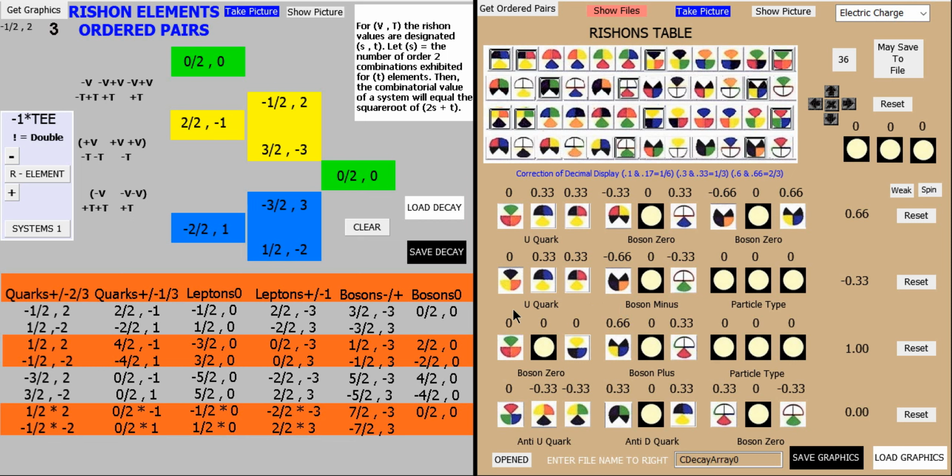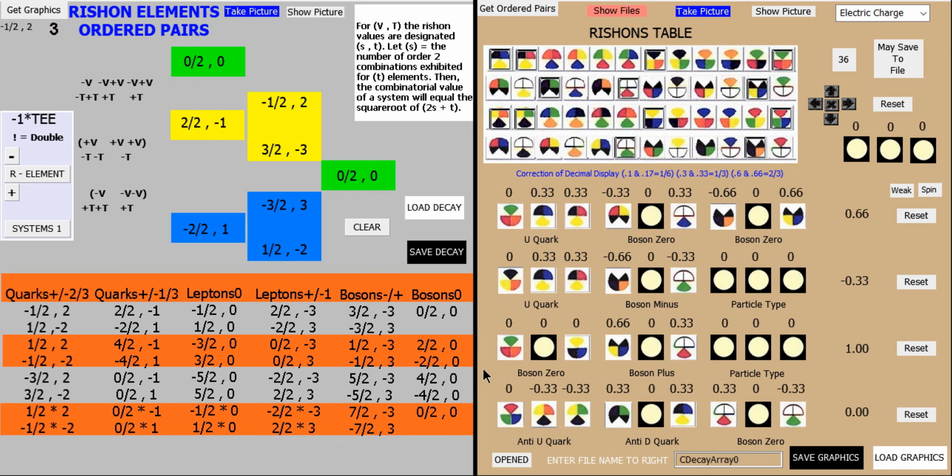Now, if we look at the D quark, where we also have a generic U quark giving us 2/3, but then we have a boson minus composed with an anti-flavored V quark and anti-T quark, with a minus 2/3 on the anti-flavored V quark and a minus 1/3 on the prime T quark, giving us a -1 to reverse the 2/3 on the U quark into a minus 1/3, which is the appropriate electric charge in the standard model for the D quark.